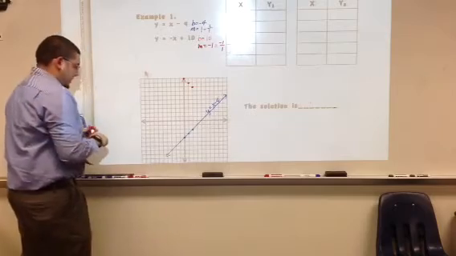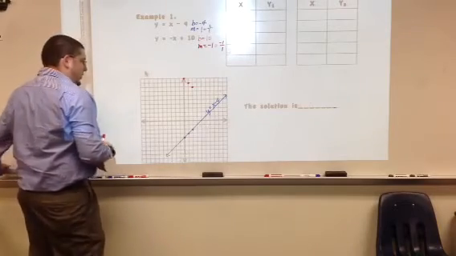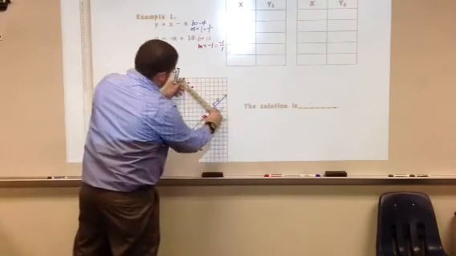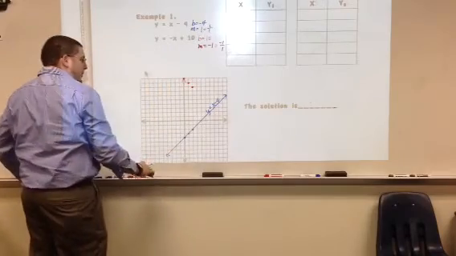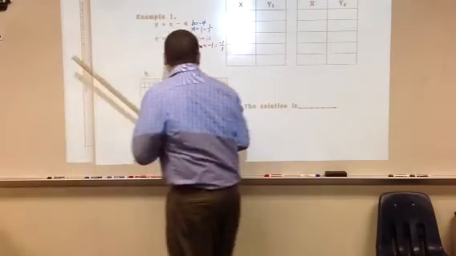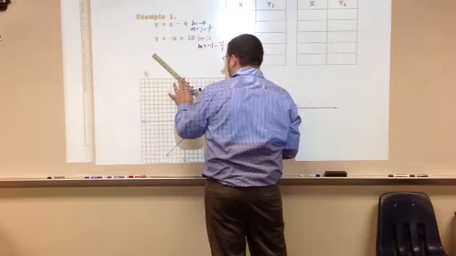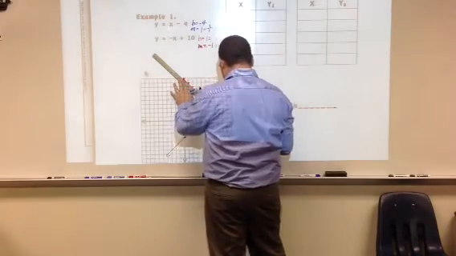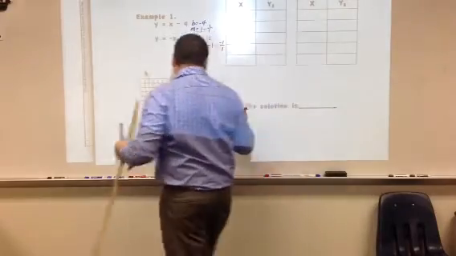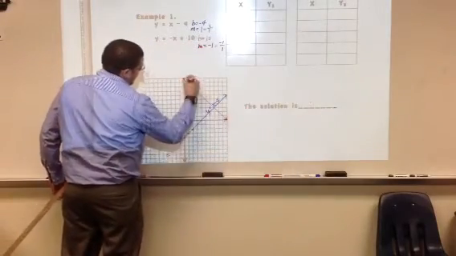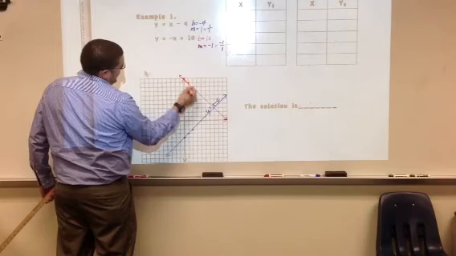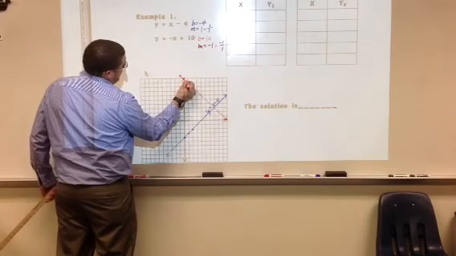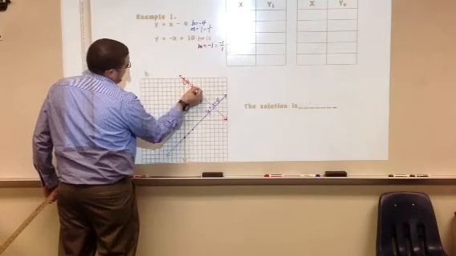Got us 3 points. I didn't do a very good job of writing my label. I'll put my label right in the way. But I'm going to go ahead and draw my graph this way. Again, I'm going to label my graph y equals -x plus 10.